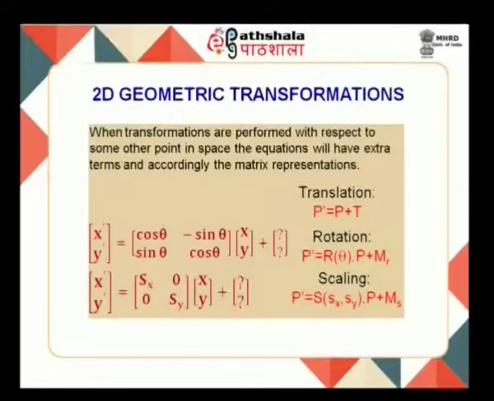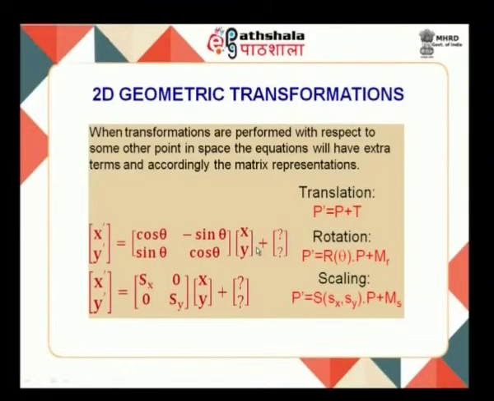Okay. So, imagine if you have to perform rotation about some other point in space or some other object in space or some other location in space, what would happen to these equations? So, how are the equations different in that case? For the time being, let us assume that we perform transformations like rotation and scaling with respect to any other point in space other than origin.